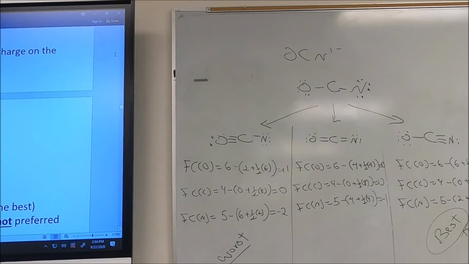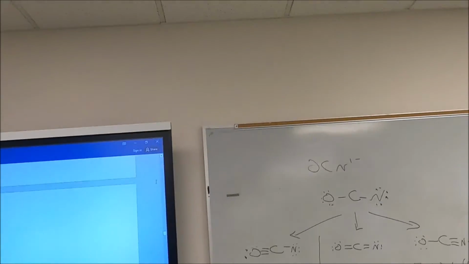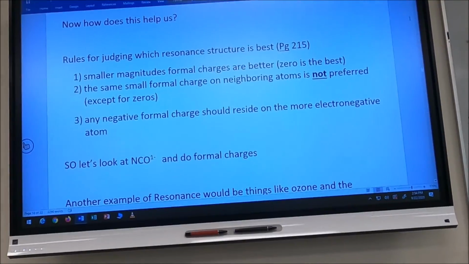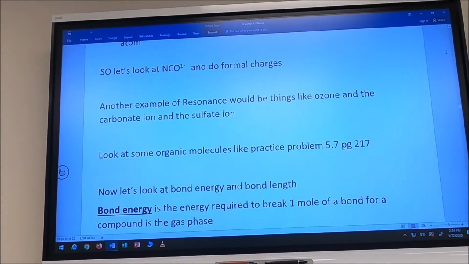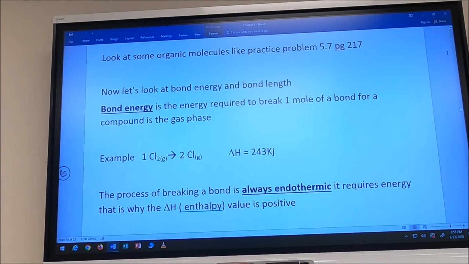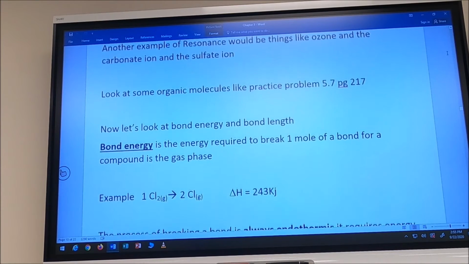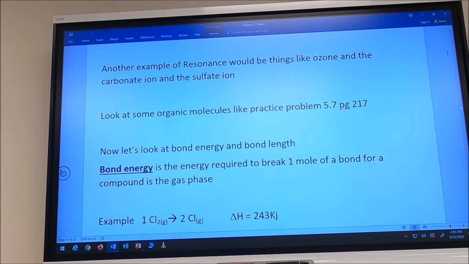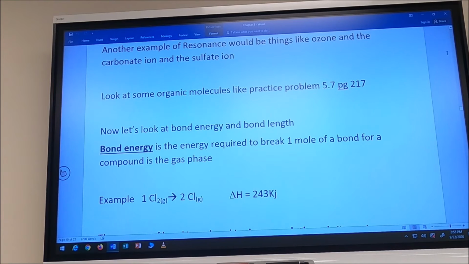And I keep dropping things. Okay, guys. Keep going on down. All right, now, let's see, organic molecules. Let me look at this practice problem and see if I want us to look at some of these organic molecules.